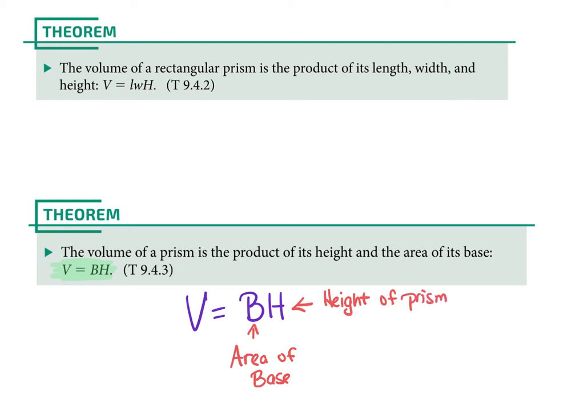Why is this important? Well, because if you have a rectangle as your base, then your rectangle itself will have a base and height. Okay, so what I'm saying is if you have a rectangle as the base of your prism, that rectangle is also going to have its own base and its own height. That's how you calculate the area of a rectangle.